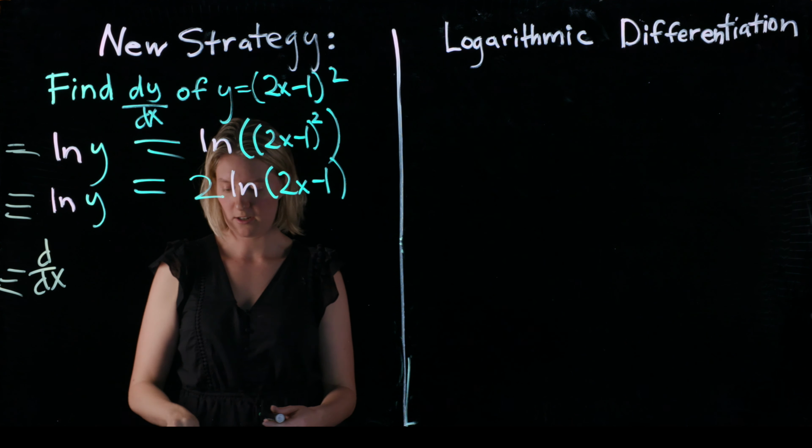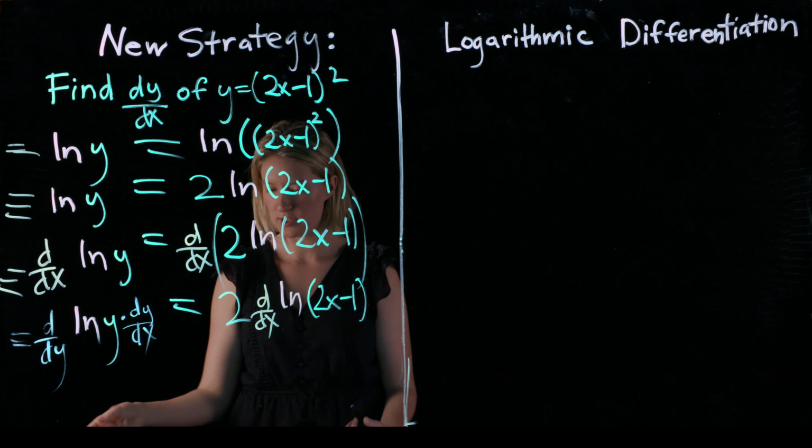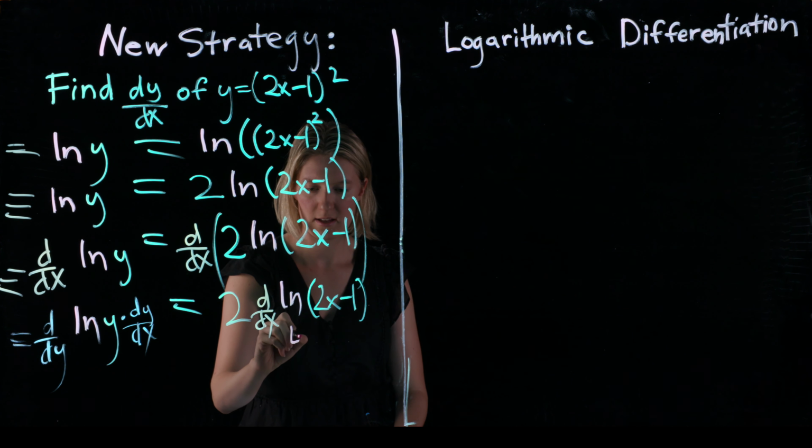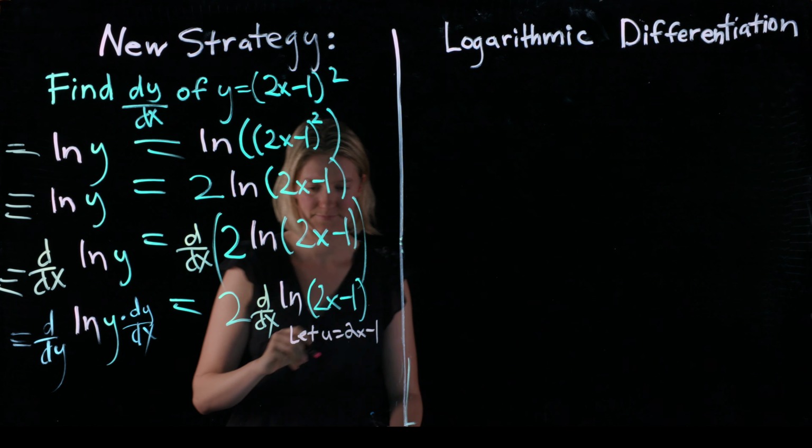And then before I use the chain rule here, I'll go ahead and pull out the 2 since it's a constant. And I have the derivative with respect to x of the natural log of 2x minus 1. In order for me to take the derivative of the natural log of 2x minus 1, I'm going to use the chain rule. So I'm going to say let u equal 2x minus 1.